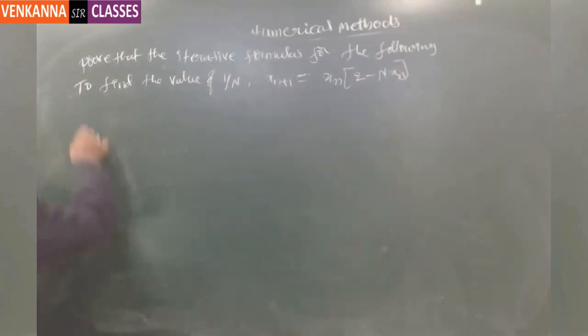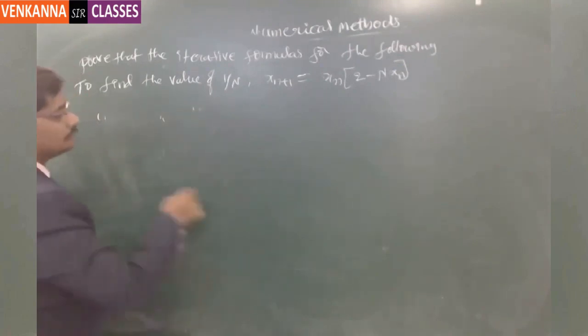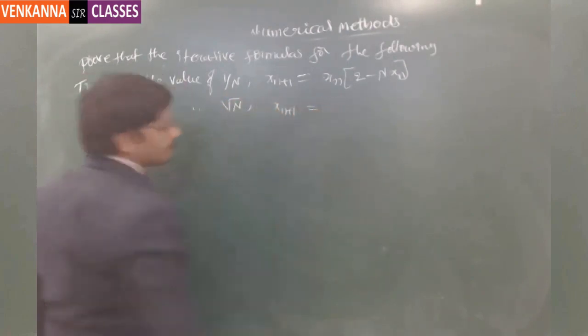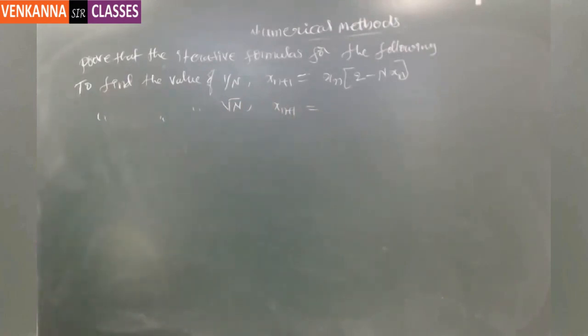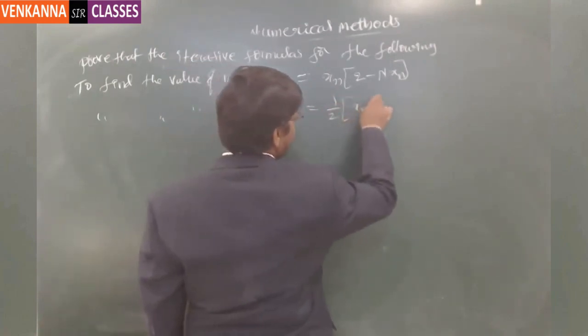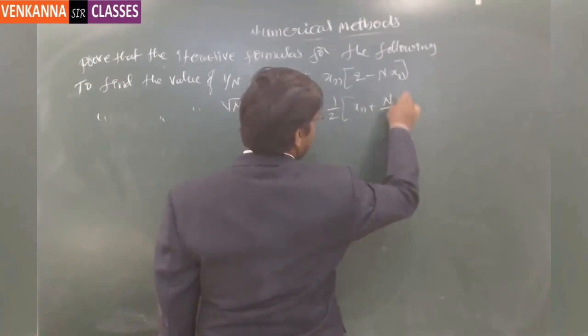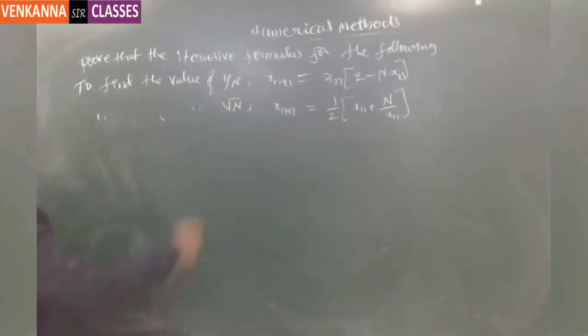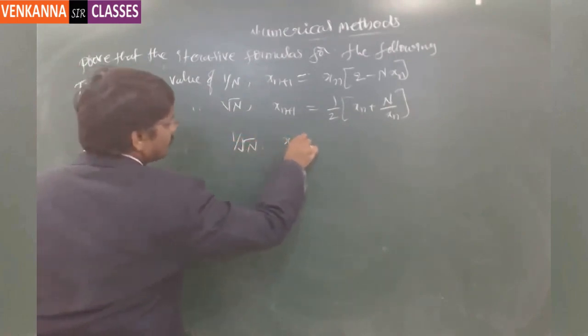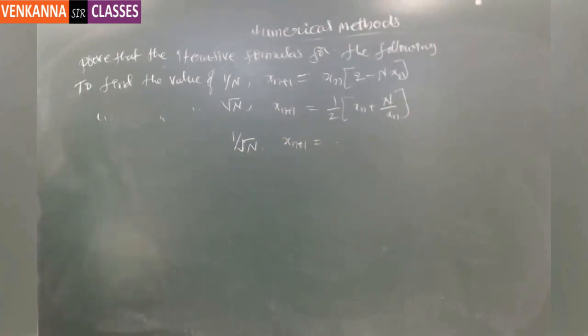The next one is to find the value of root n: x(n+1) equal to half of (xn plus n by xn). For 1 by root n: x(n+1) equal to half of (xn plus 1 by n xn).